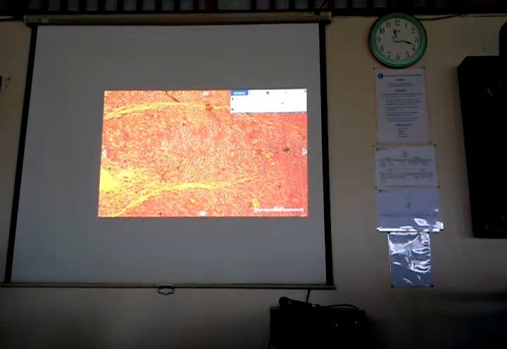So have you discussed already the clusters of differentiation of the different leukocytes? The CDs: CD3, CD4, CD19, CD20. Those markers are utilized to identify the particular type of white blood cell.